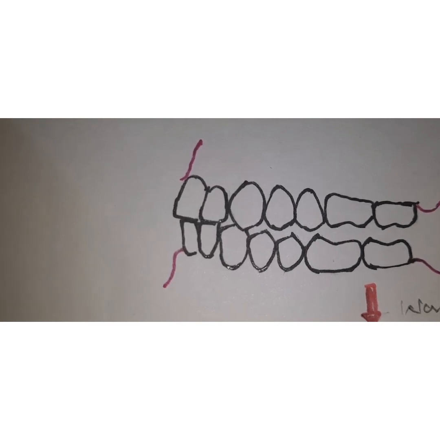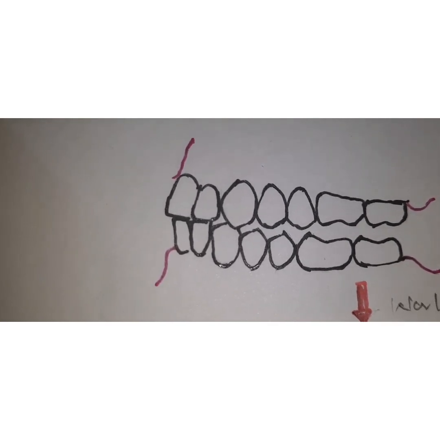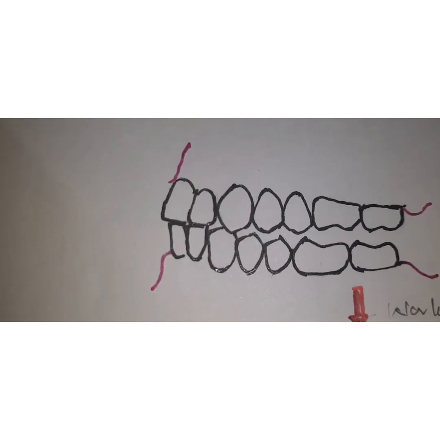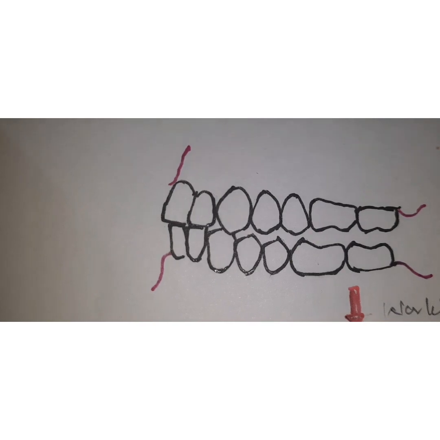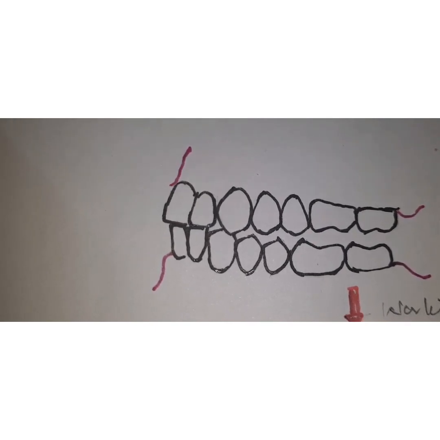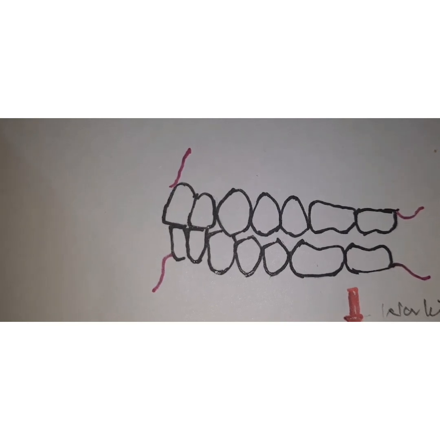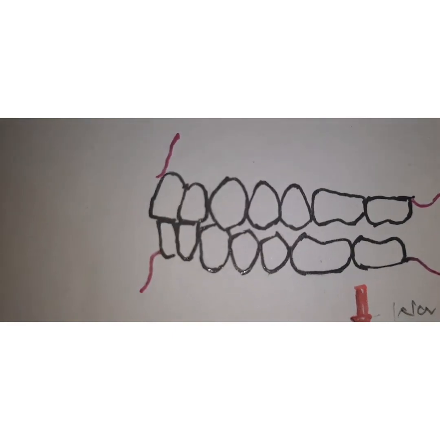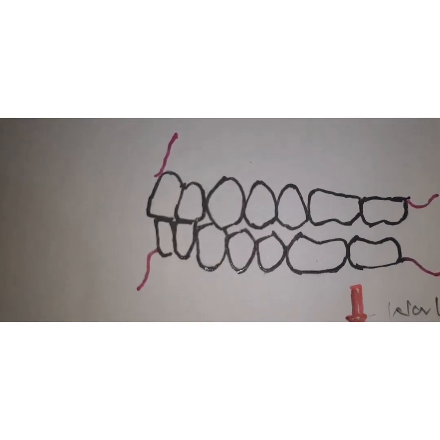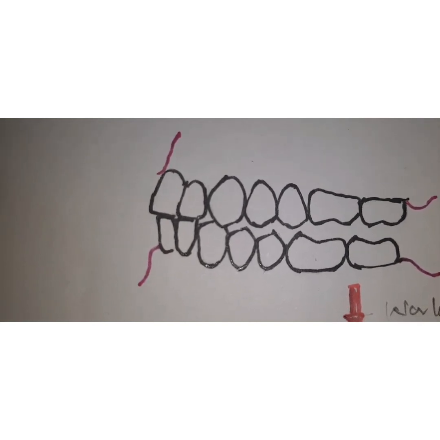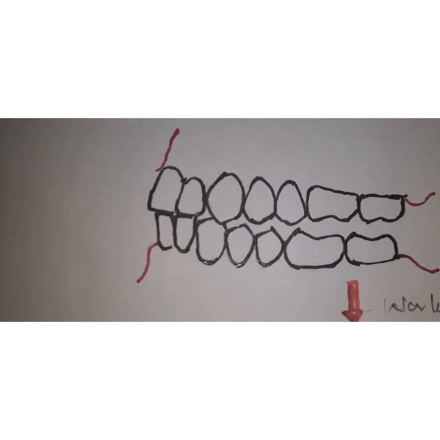As the patient moves the jaw into protrusion or into any lateral movements, there is no contact of either the posterior teeth or the anterior teeth except in the canine regions. The canines are guiding the occlusion in such a way that there is no contact on the posterior as well as in the anterior region. So this way the anterior teeth are protecting the posterior teeth and the posterior teeth are protecting the anterior teeth, and that is the reason this occlusion is also called the mutually protected occlusion.